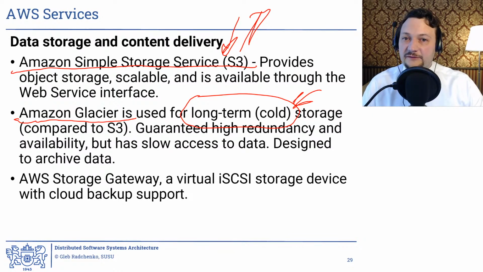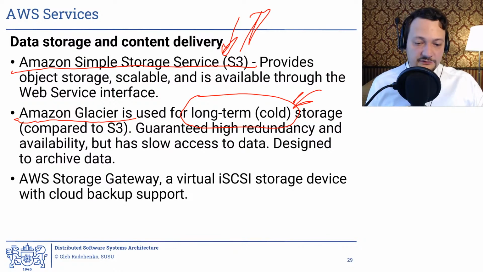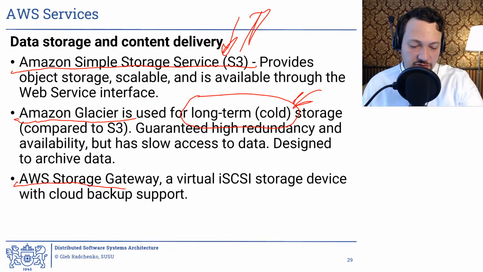So if you lose some of your data, you can go to this Glacier and ask it, okay, please give my terabytes of data back to me. So this is how Glacier works. And Amazon Storage Gateway is a virtual SCSI storage device with a cloud backup.